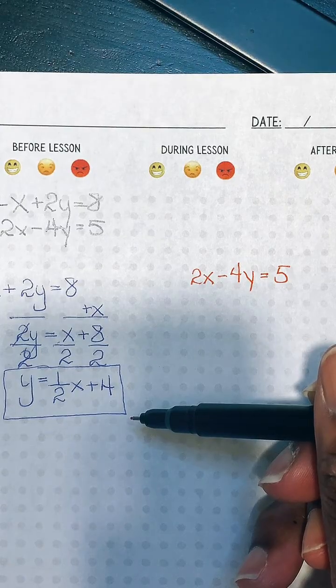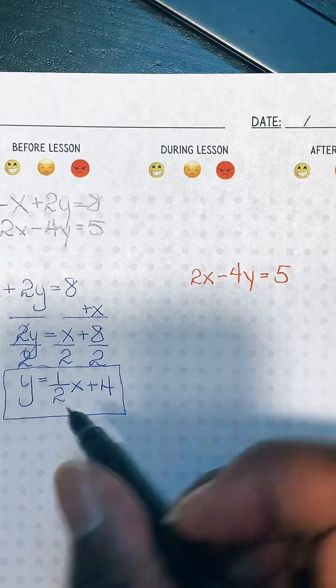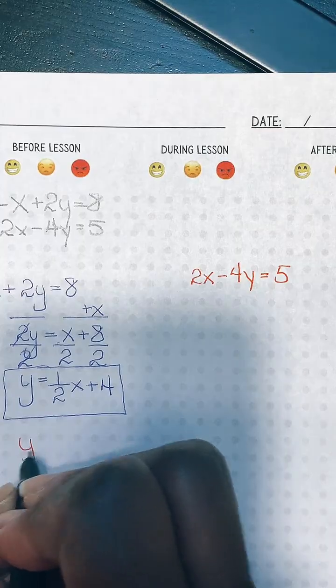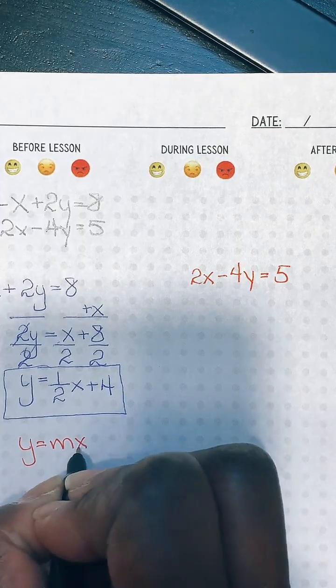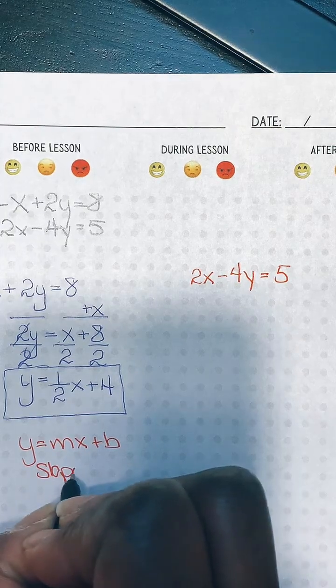Okay, so it's because you're trying to get it in standard form. I'm trying to get it in slope-intercept form, this y equals mx plus b. That's slope-intercept form.